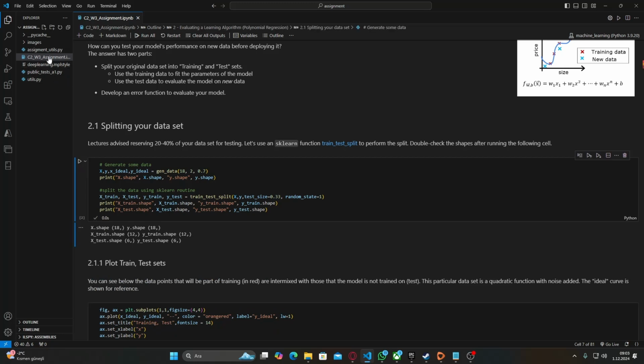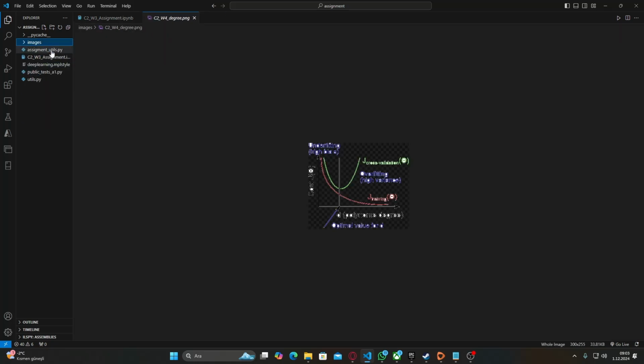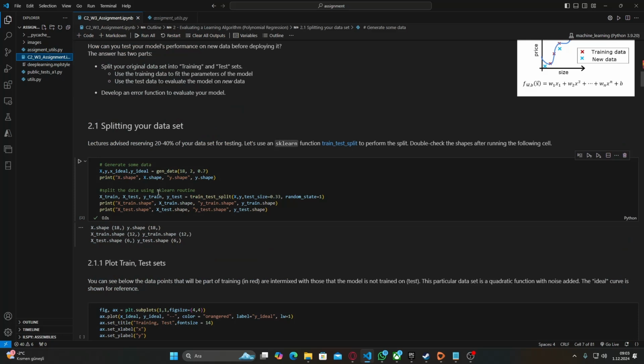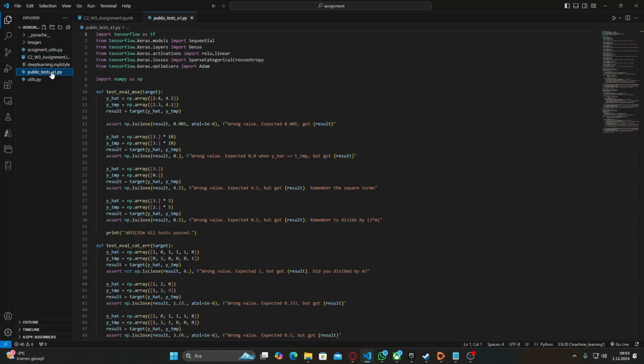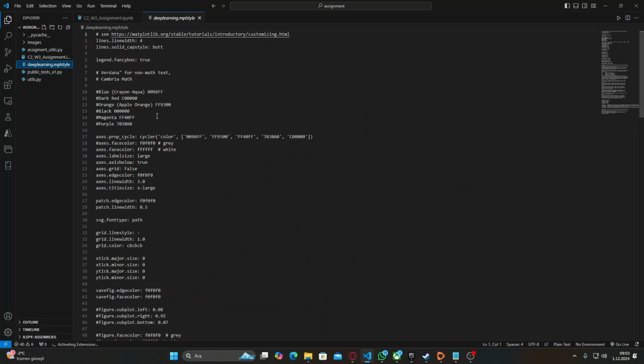And we have images in here, bias variance. Okay, I don't want to go to here. Assignment utils. Okay, I was looking at the extra and just trying to see here. Here's my data sets.